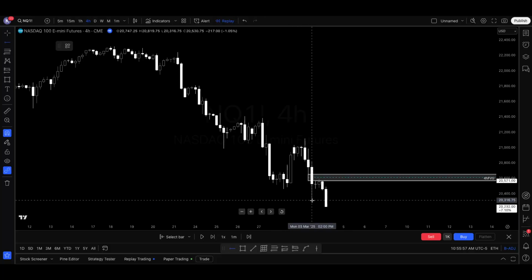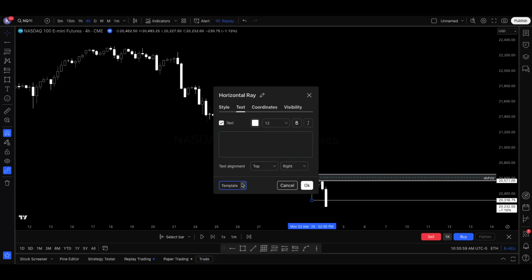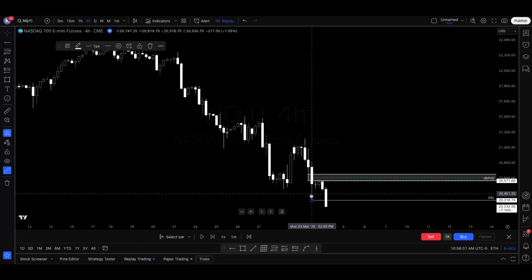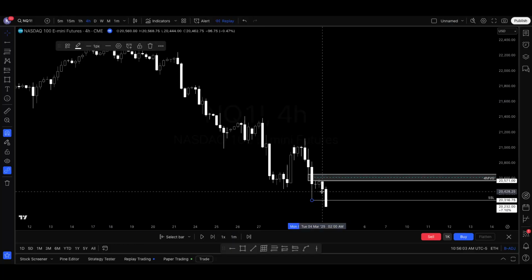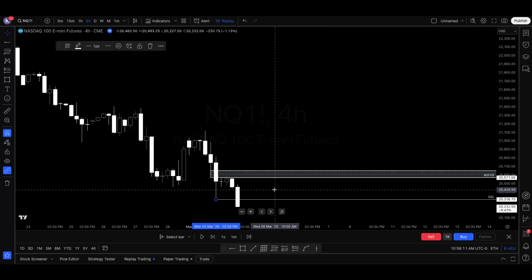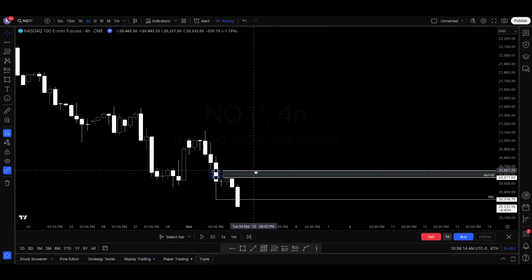That to me would be this external liquidity from yesterday, and this morning we had some lows that could have been met as well at this 2 a.m. 4 hour candle.